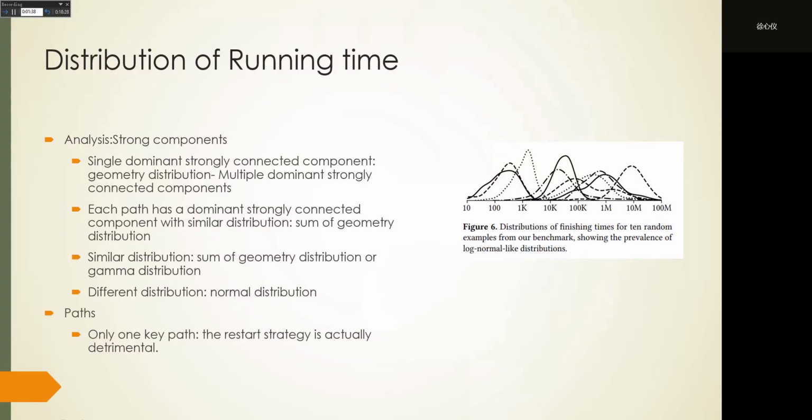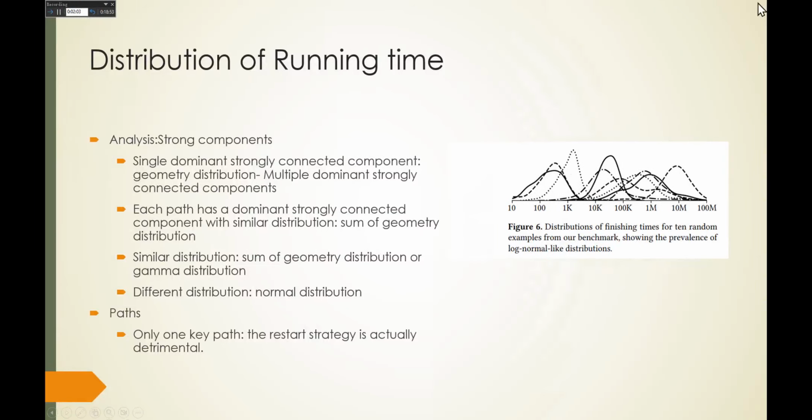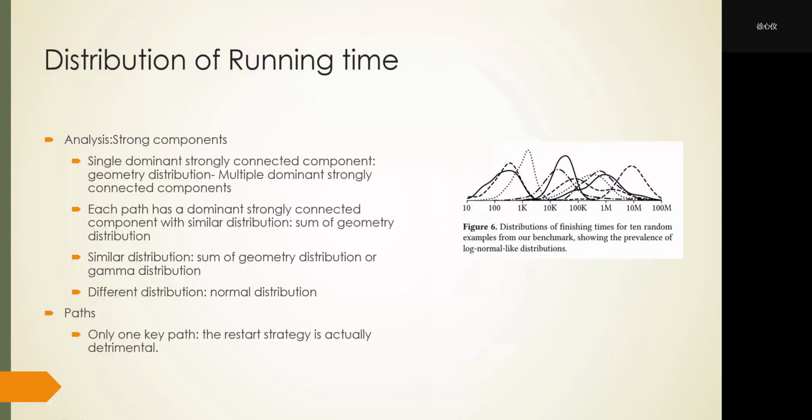And in that case, if some of the paths must be restarted, it will cause a heavy-tailed distribution. If it causes a heavy-tailed distribution, then the restart strategy can be helpful, which is what I came up with, not mentioned in the paper actually.